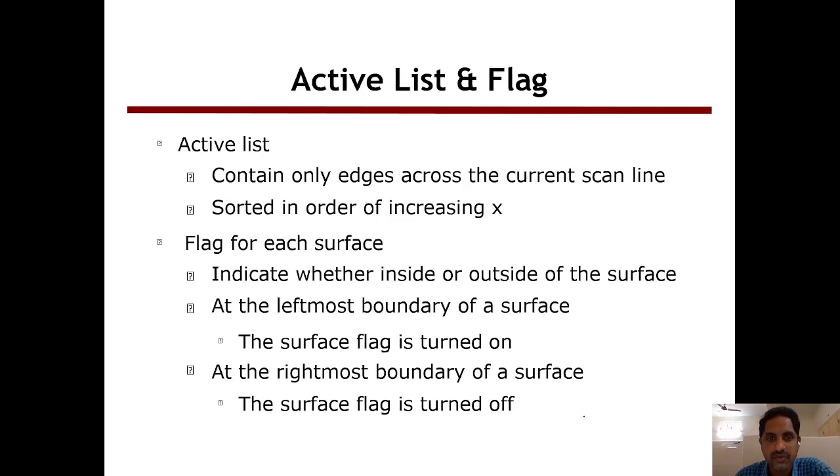Then we go for the active list and flag. The active list contains only edges that cross the current scan line, sorted in order of increasing x. The flag for each surface indicates whether we are inside or outside of the surface. At the leftmost boundary of the surface, the surface flag is turned on, and at the rightmost boundary of the surface, the surface flag is turned off. As we traverse scan lines, the intersect points are assigned to the active list.